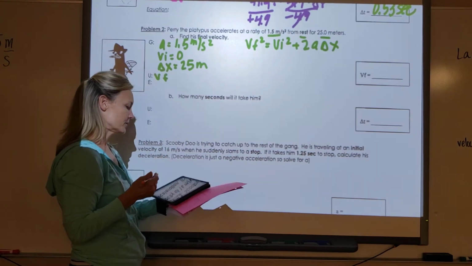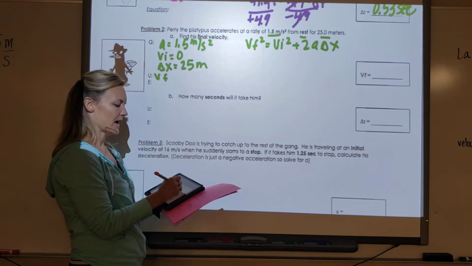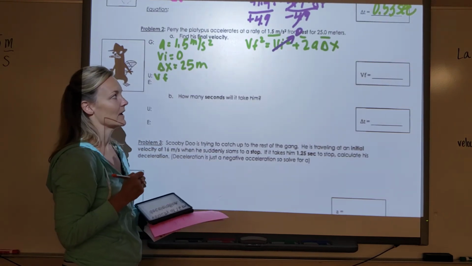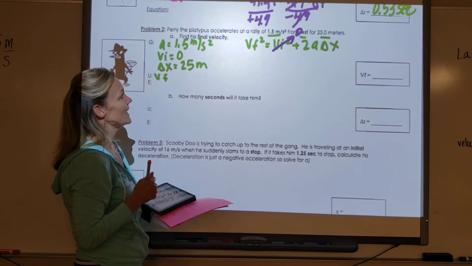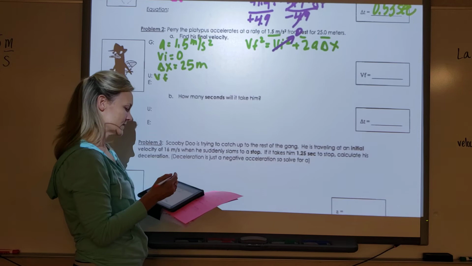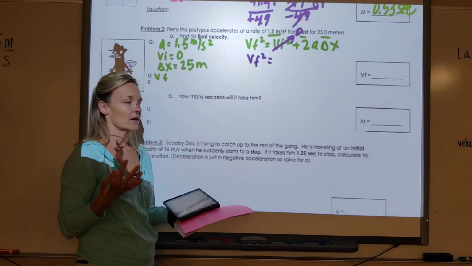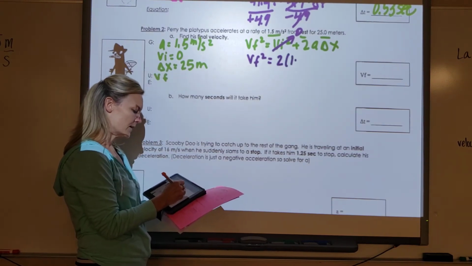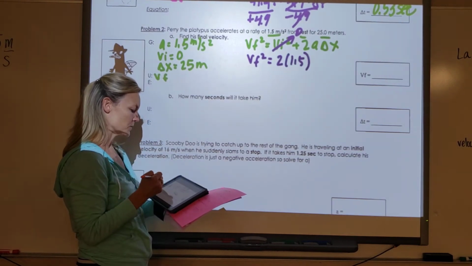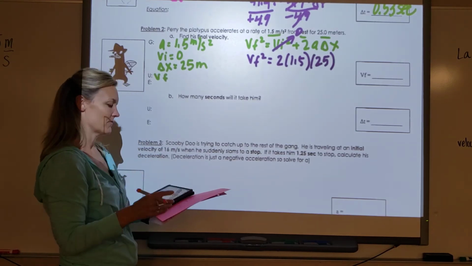All right, first thing I do, get rid of anything that is 0. vi is 0. Get rid of vi squared. Then I plug in what I already know. So I'm solving for vf. It doesn't come as vf, it comes as vf squared. I just have to use that equation. It is equal to 2 times the acceleration, which was 1.5, times the delta x, which was 25.